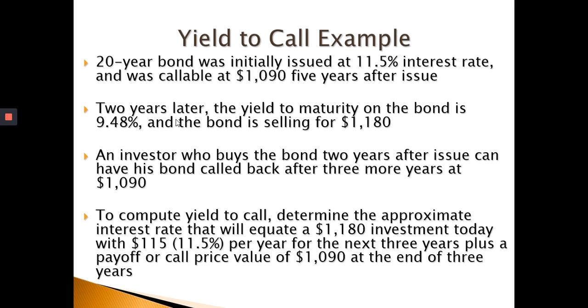So you have only 3 years to make the call. Therefore, your N becomes 3 because you're calculating yield to call. So after 2 years, you're finding your yield to call. Therefore, you only have 3 years remaining for your calculation. That's why N equals 3.